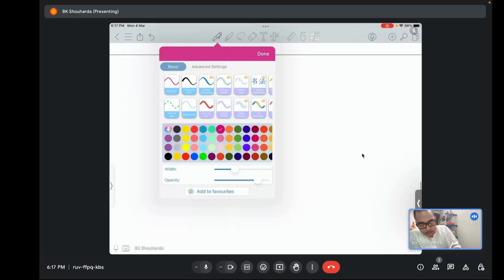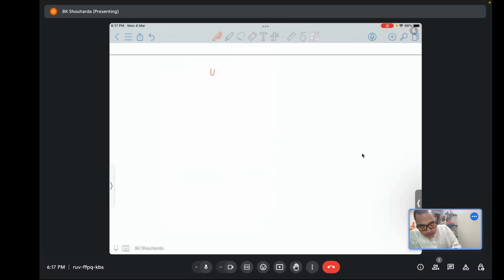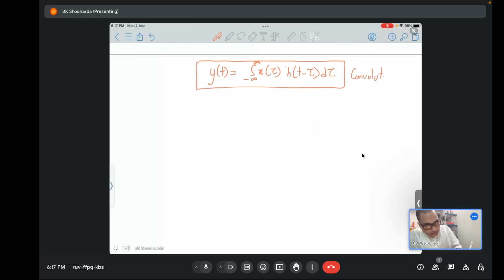So the convolution integral looks like y of t is the integral over minus infinity to infinity of x of tau h of t minus tau d tau. This is the convolution integral.